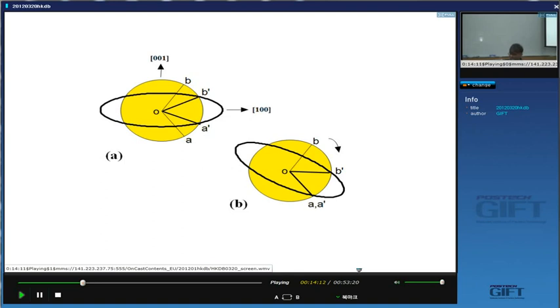Now, the combination of the Bain strain and the rigid body rotation is an invariant line strain. And this extra rotation that we have to put in exactly predicts the observed orientation relationship.